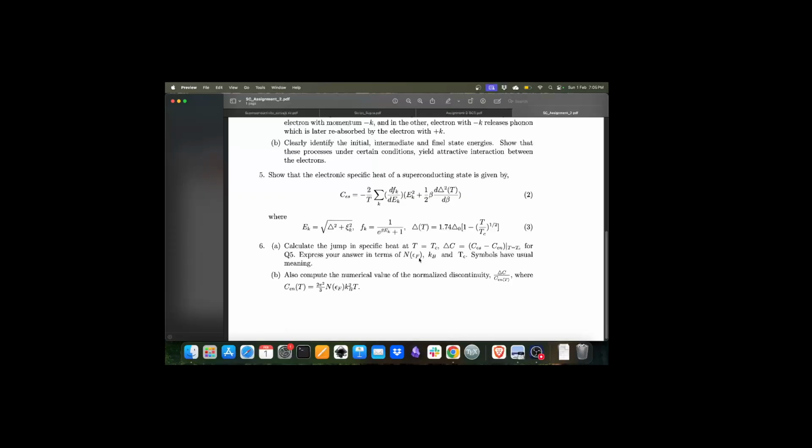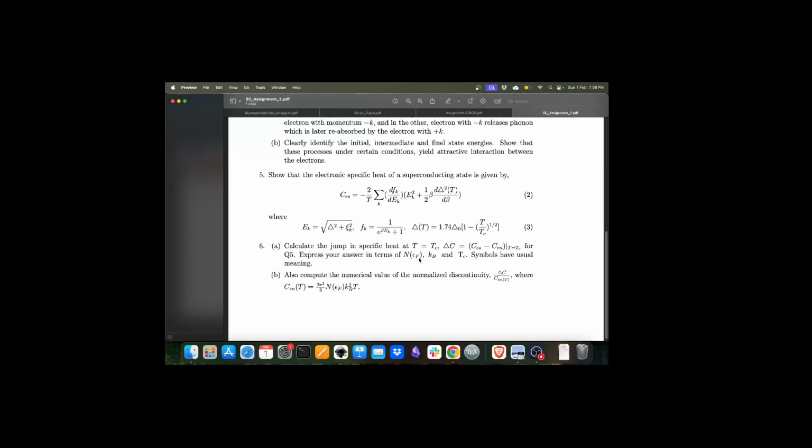So S will be minus k_B, sum over all k, f_k ln f_k, for the n equal to one case.